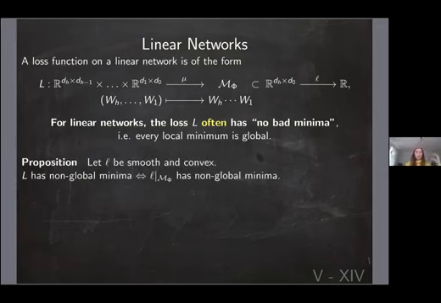So this proposition, I think, is not very difficult to prove, but still in some sense deserves to be a theorem, because I think the insight is quite important. What is true for linear networks is that the loss function, capital L, has no bad minima if and only if this functional small l on the neuromanifold has no bad minima.